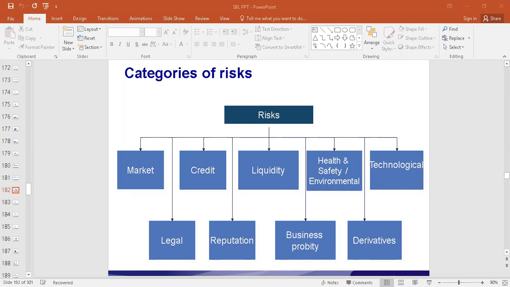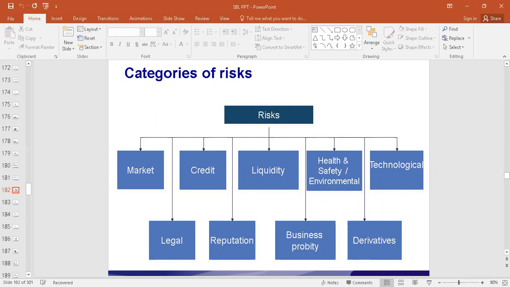They can also have the risk of being penalized for not following the measures appropriately. They can be penalized with tax, with fines, etc. So anything to do with the environmental health, safety measures that have to be followed, any risk that arises can be referred to as health and safety or environmental risk.